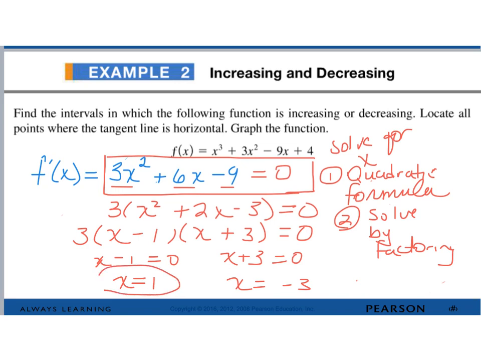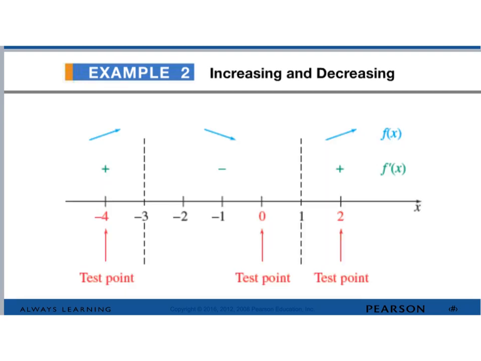And so these are our two critical values. We don't have to worry about this function being undefined because its domain is all real numbers, because it's a polynomial function. So here now we have our critical values.